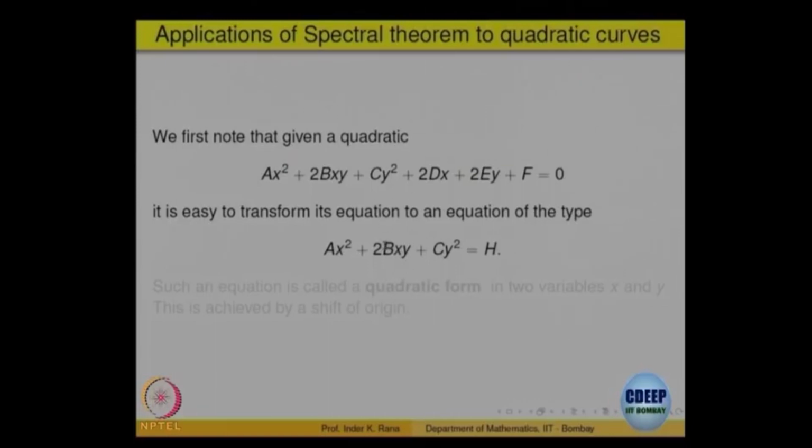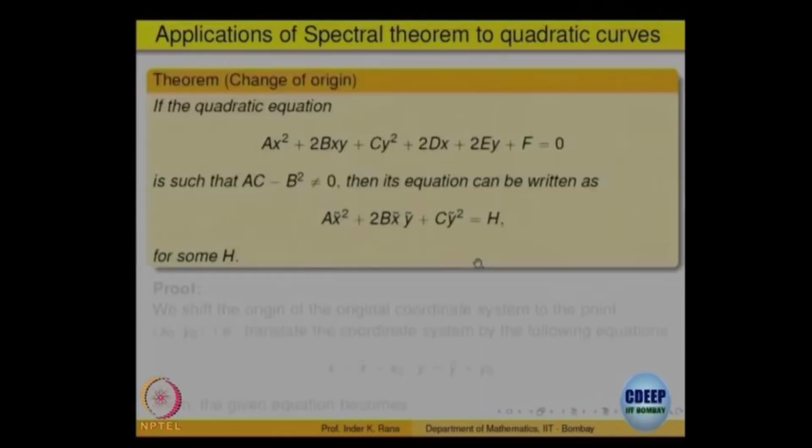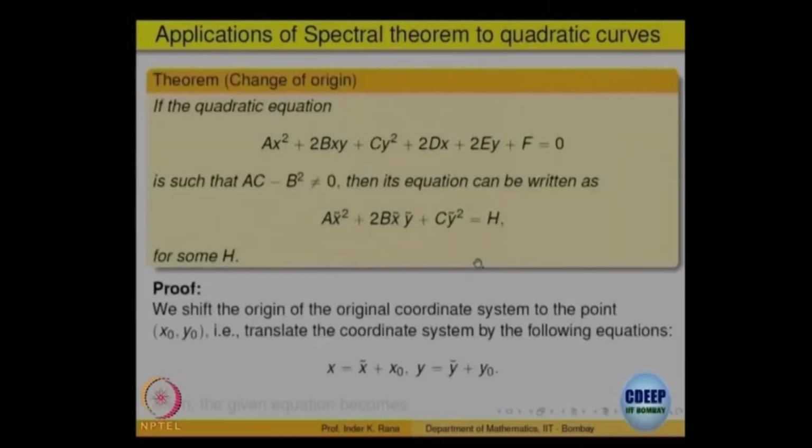So, this is a quadratic, we want to transform this to this form. To do that, what we do is we shift the origin. How do you shift the origin? Earlier the origin is somewhere, you translate it. The shift of origin is done as follows.